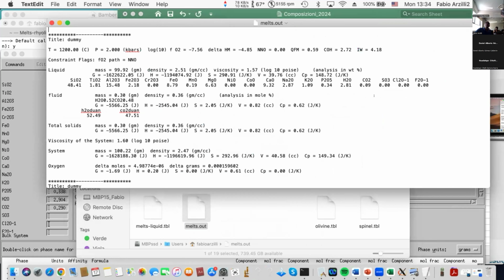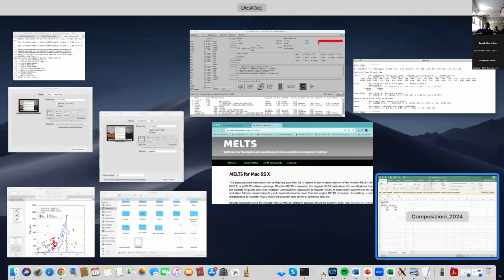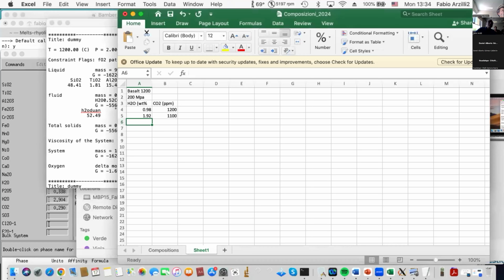We get 2.81 as the solubility of water, 0.09, so we go to 900 ppm. So 2.81 and 900 ppm.